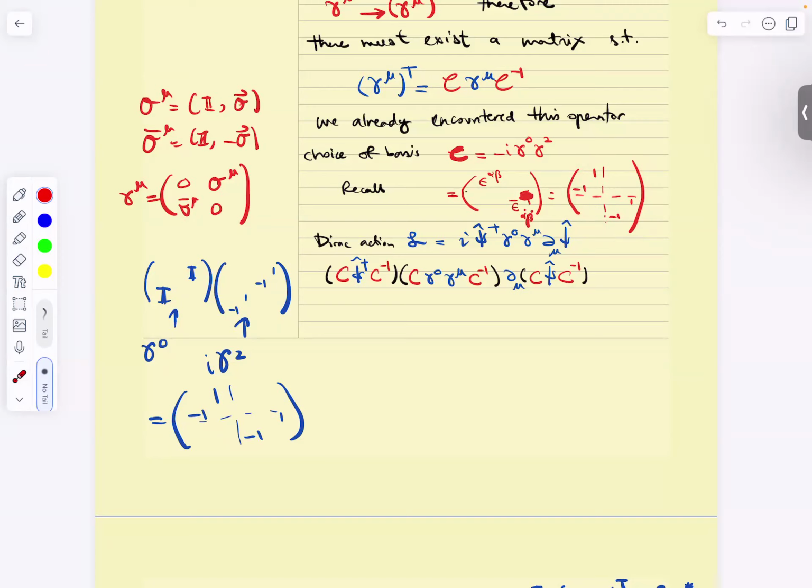And if you recall, at some point earlier, when I first introduced spinors, I introduced this epsilon alpha beta and epsilon bar alpha dot beta dot that was raising and lowering indices in this abstract space. This is basically the charge operation.